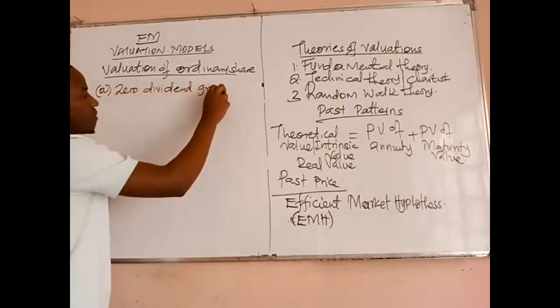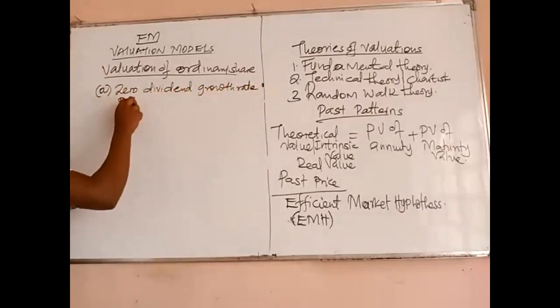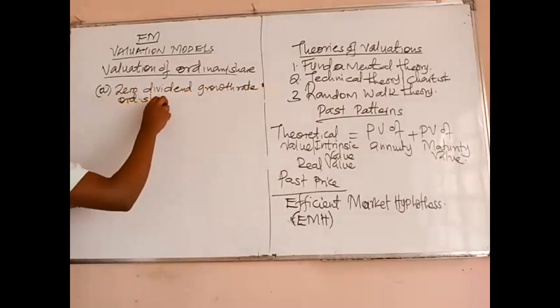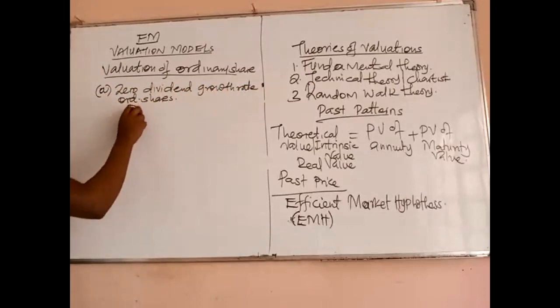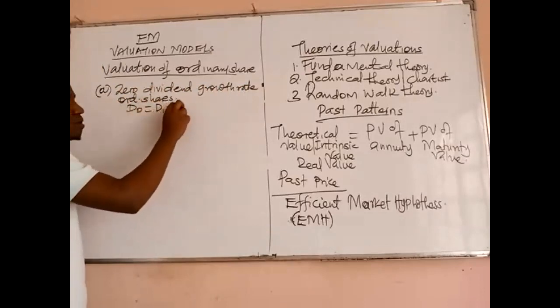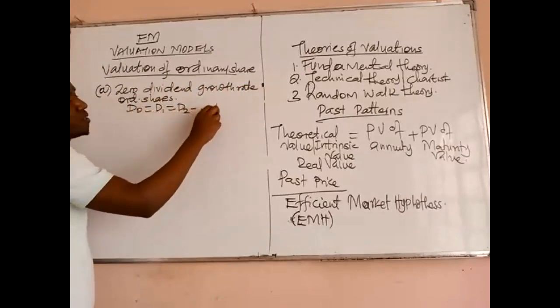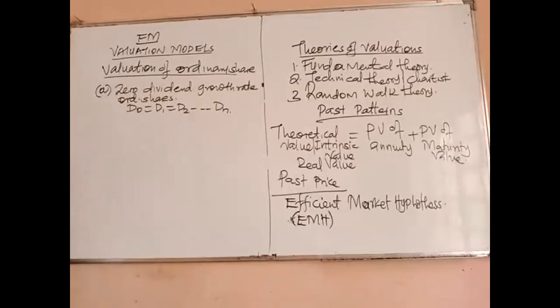When I talk of zero dividend growth rate ordinary shares, that is a dividend that does not grow. So if they pay the dividend in period one, is it the same dividend in period two, three, and so on? That is for zero dividend growth rate ordinary shares.